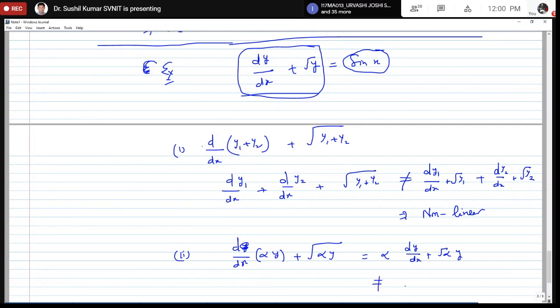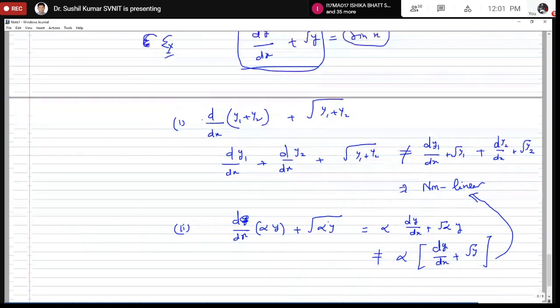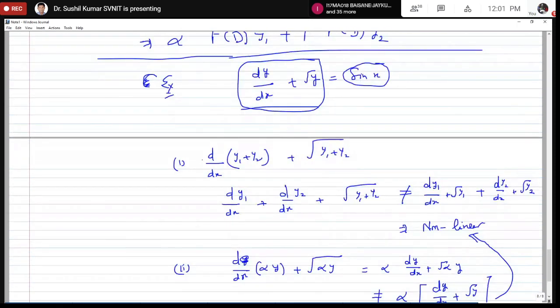So this is not equal to alpha into dy over dx plus root y. So it is non-linear. Okay, so this is the way. But to prove linearity, both conditions must be true. You cannot say the first condition is true, then it is linear. Or take the general case. So, any query up to this part?